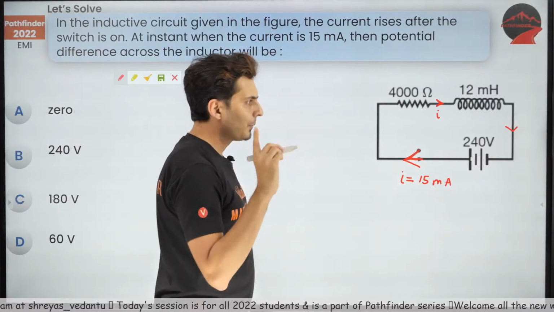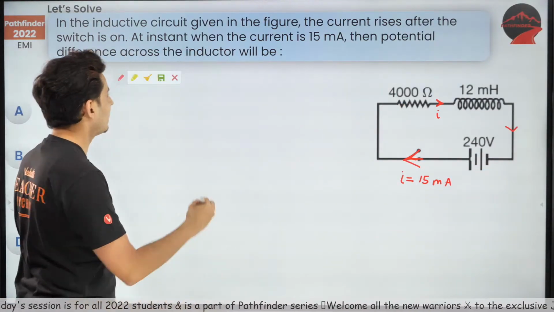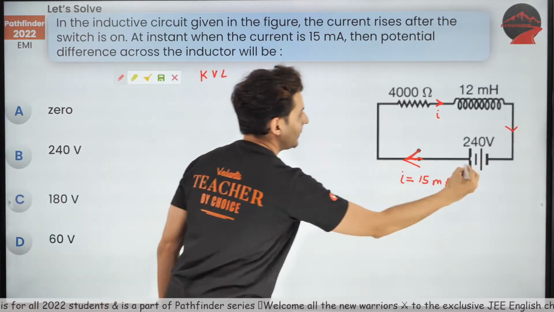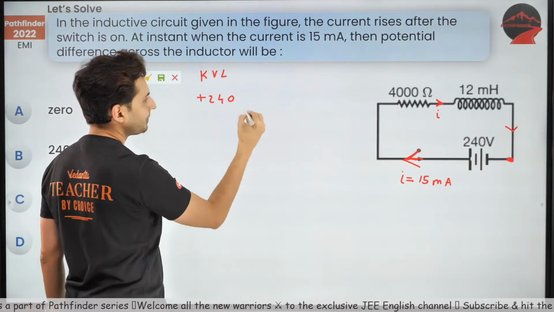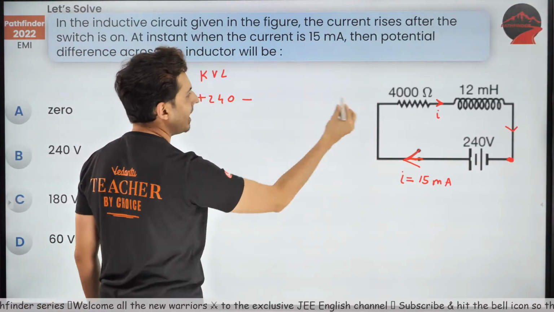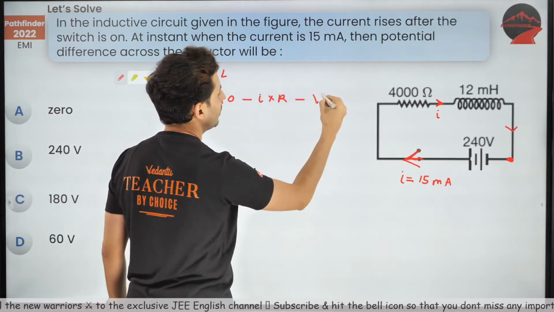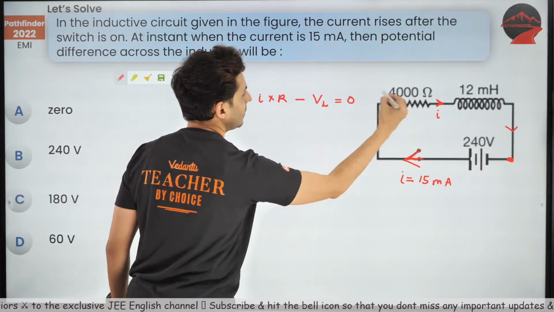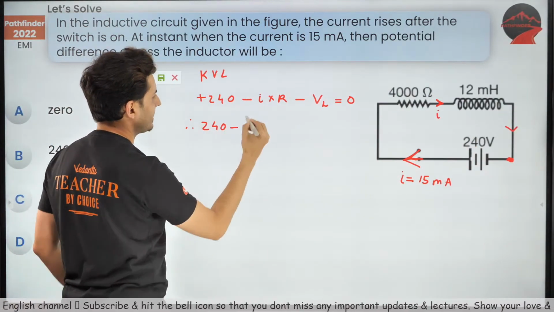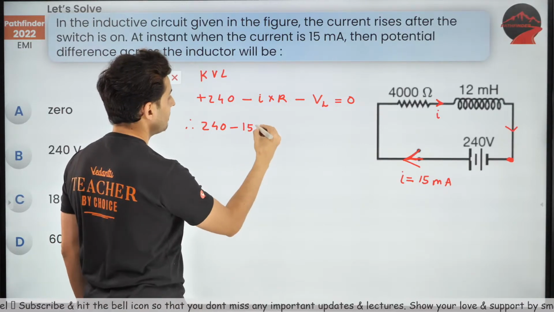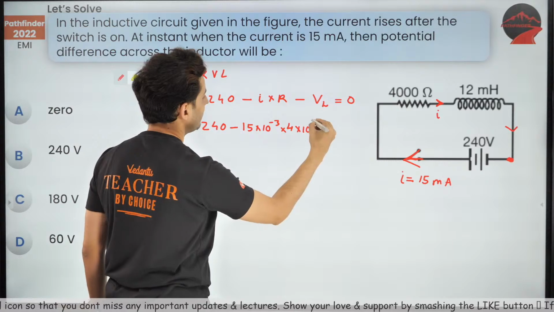Now, if you apply KVL, Kirchhoff's voltage law, starting from this point, I will get plus 240, minus I into R, minus the voltage drop across the inductor, equals 0, coming back to the same point. Therefore, I am going to get 240 minus I, which is 15 into 10 to the power minus 3, times resistance, which is 4 into 10 to the power 3.